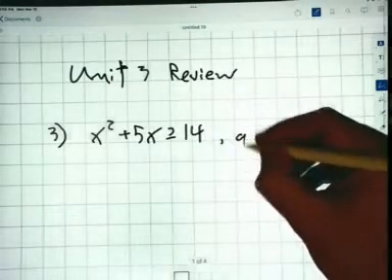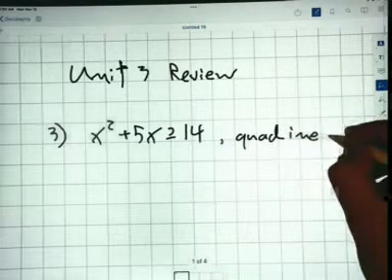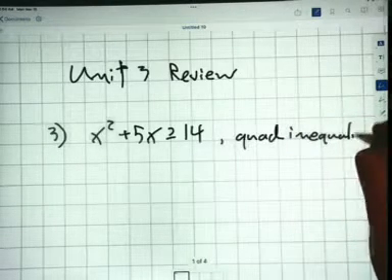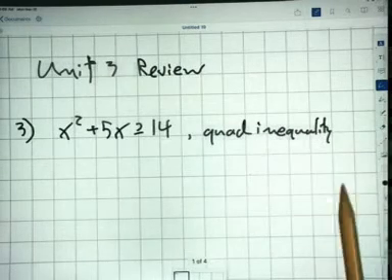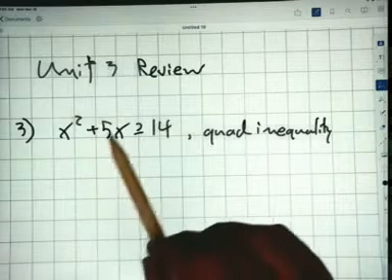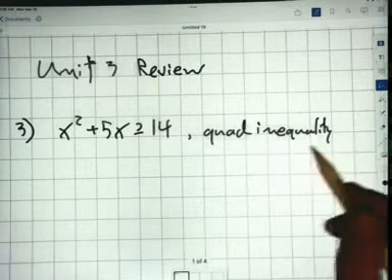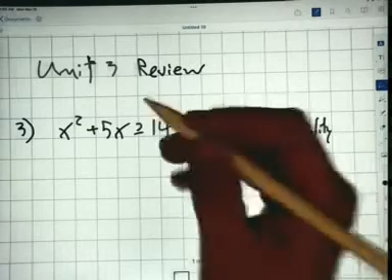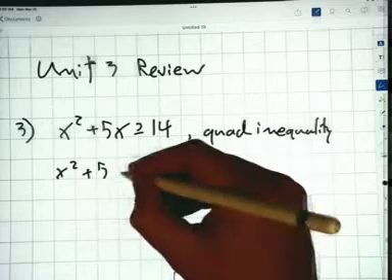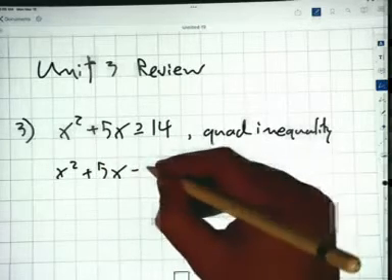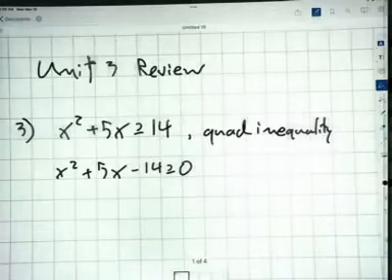So what we have is a quadratic inequality. I know it's quadratic because of the x squared, that's the highest degree. And just like solving a quadratic equation, the first thing I want to do is set the inequality to be greater than or equal to 0.